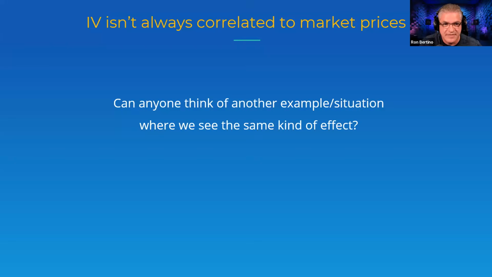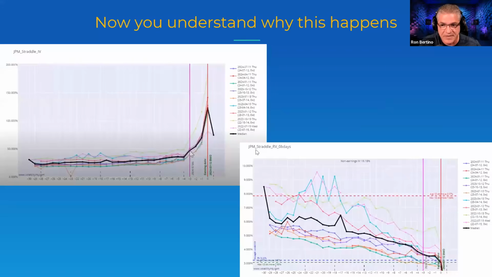In what way? How are you seeing IV being different from the prices? Like this type of effect is what I'm talking about here, where IV increases, yet the prices actually go down. Most gurus that you'll see on the internet basically think of IV being tied to value. So if IV goes up, they say that clearly what's going on is that people are buying that particular option contract.